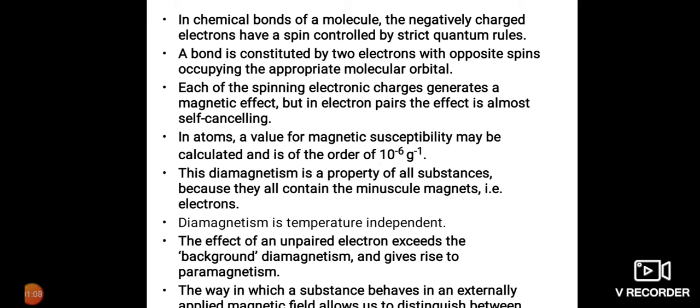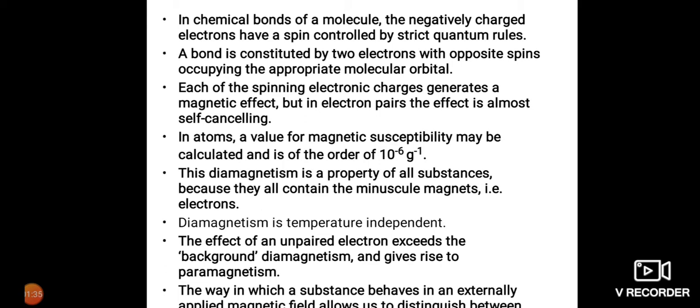The negatively charged electron, spinning around its axis as well as around the nucleus, has its own magnetic power and generates a magnetism. At the same time, the nucleus has a proton which is spinning on its own axis and also generates a tiny magnetism around it.